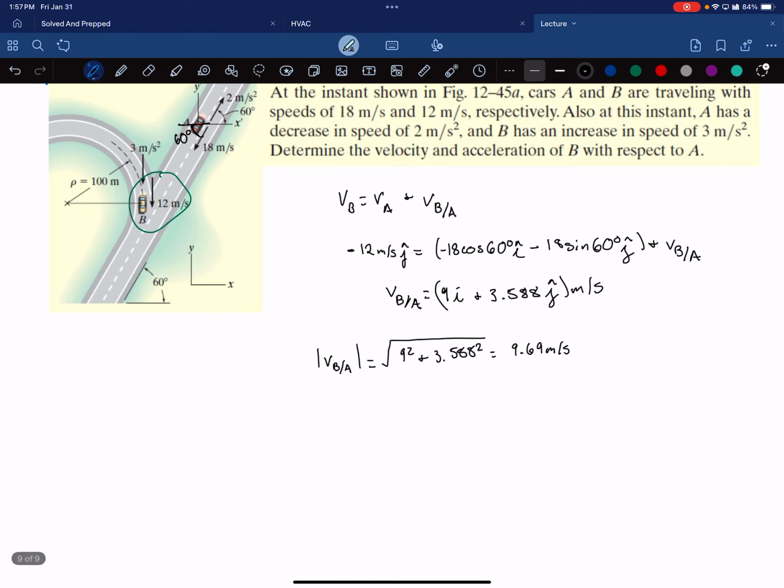And if we take the inverse tangent, we get 21.7 degrees. And again, looking at our vectors, we're both in the positive direction, so our angle is in reference to the horizontal, positive from the x-axis.